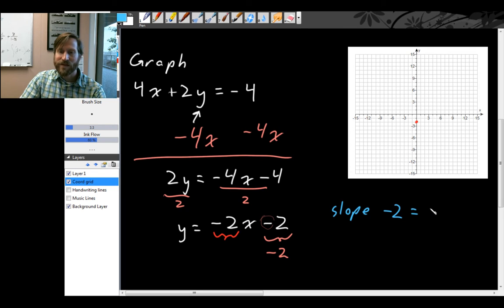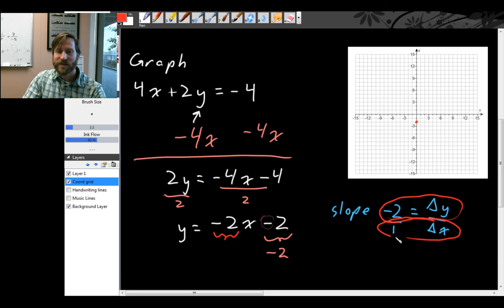And the slope, as always, is delta y over delta x. Well, this time our slope doesn't look like a fraction, but remember, any integer really is a fraction. It's just that integer over 1. Okay, so now we can take delta y to be -2 and delta x to be 1.